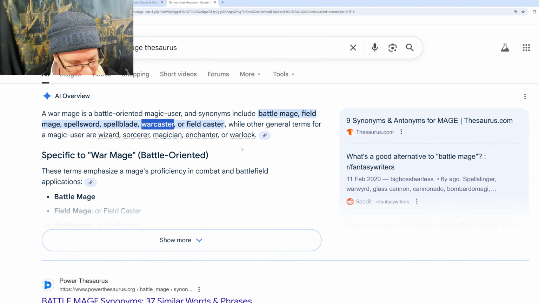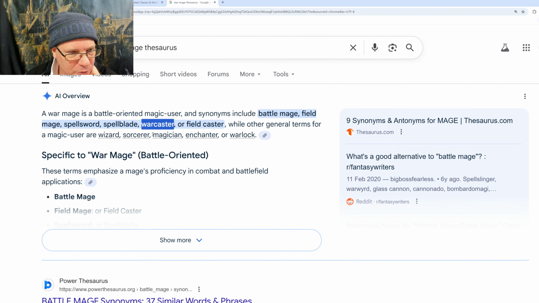Warlock. I don't feel like there's already Warlock used in the titles for Wizard, and we've already got a class called the Warlock, so forget about that. Enchanter. I suppose we could say that they are an enchanter, but I don't think so. Magician. I'm open to the idea of using Magician, for sure.